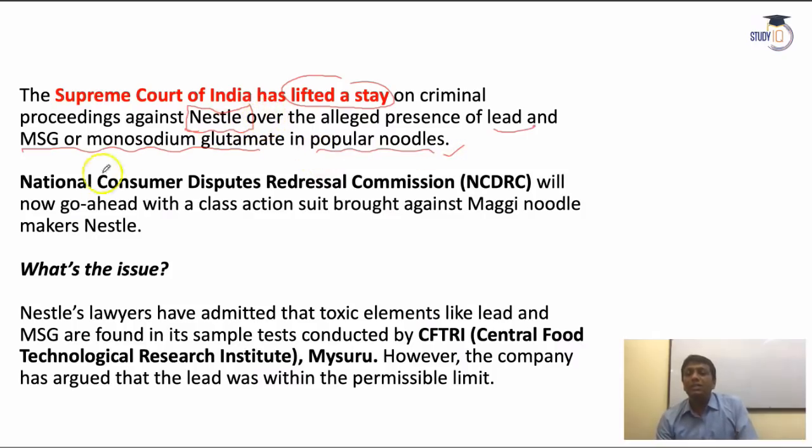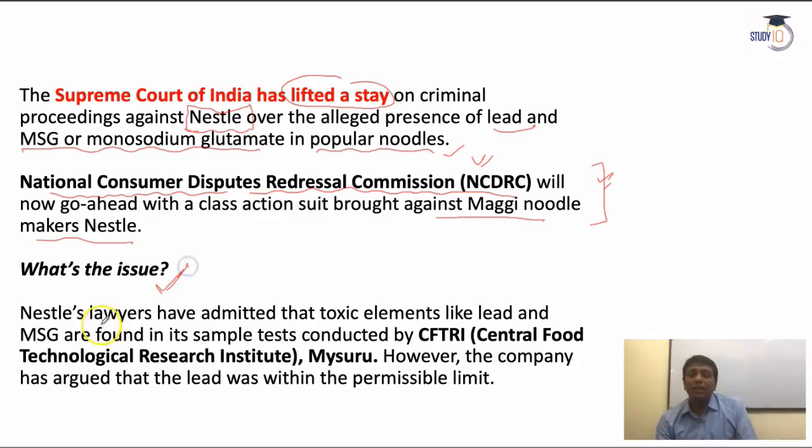The National Consumer Disputes Redressal Commission, set up in India especially to check these types of products and certify them, said to go ahead against the Maggi noodles in the markets. So now you can go and eat it according to this commission. Now what is actually the issue?